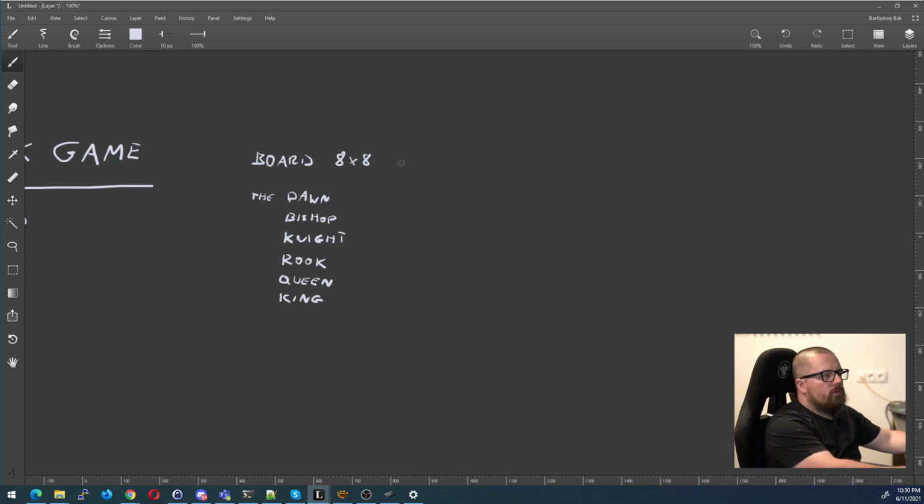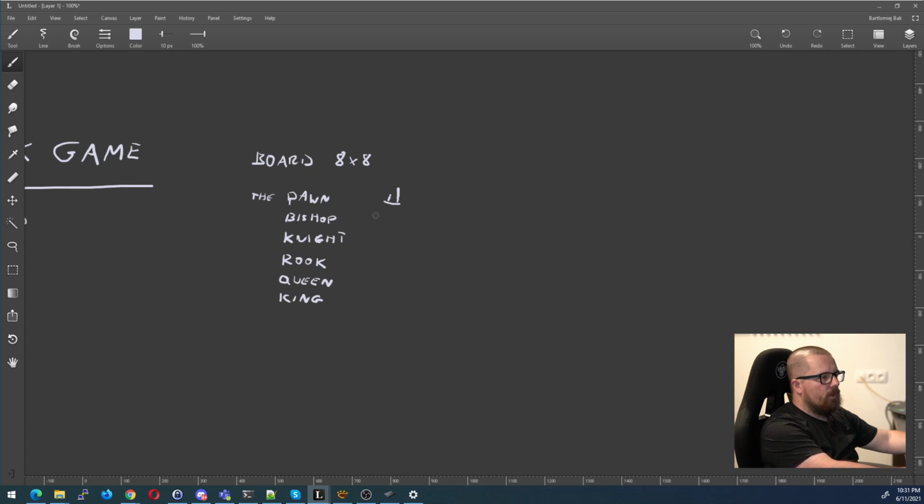Now we need to define movements. Sorry for my handwriting, that's not what I do often. About movements, the pawn can move, let's say this is the start, 1 or 2 straight.